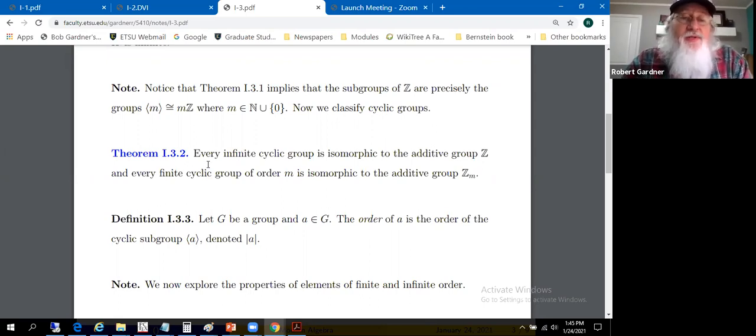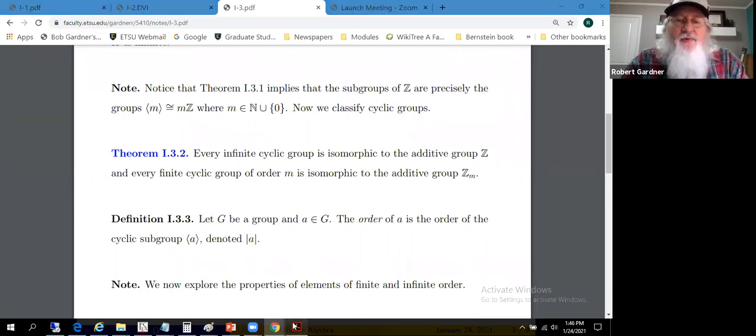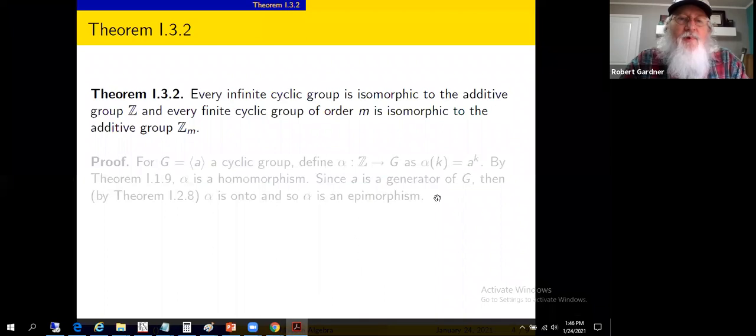Theorem 1.3.2 says every infinite cyclic group is isomorphic to the additive group of integers, and every finite cyclic group of order M is isomorphic to the additive group of integers mod M. So that's why I say you like cyclic groups. They're tangible. You certainly are familiar with the integers and the integers mod M. So let's look at a proof of that.